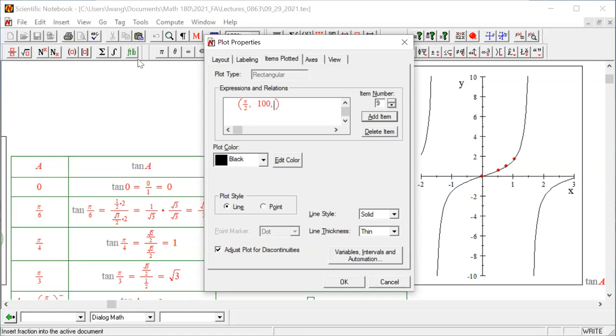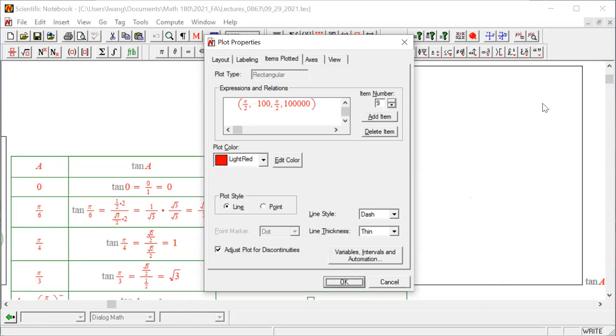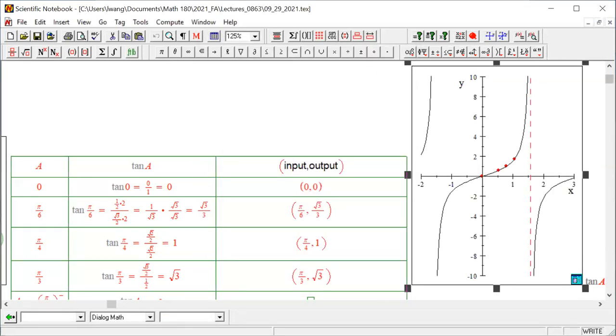That vertical asymptote I'm drawing here. Okay, broken line. Forbidden. So the curve is getting closer and closer.